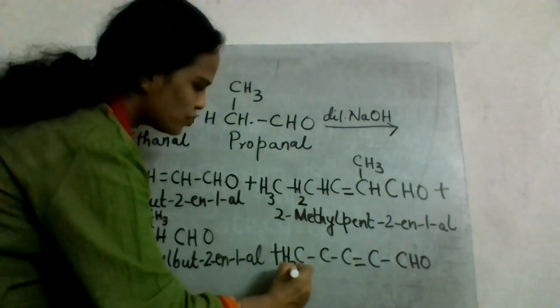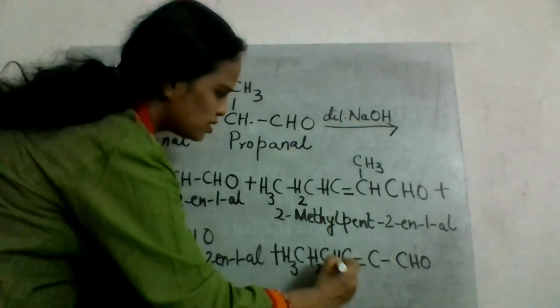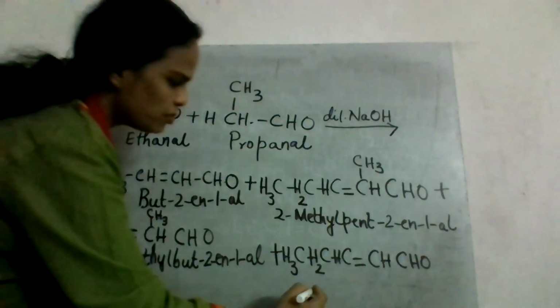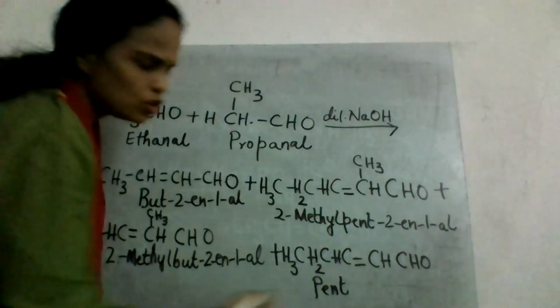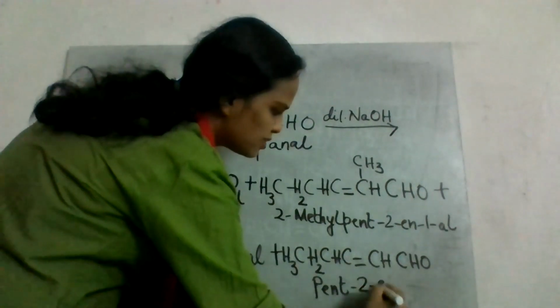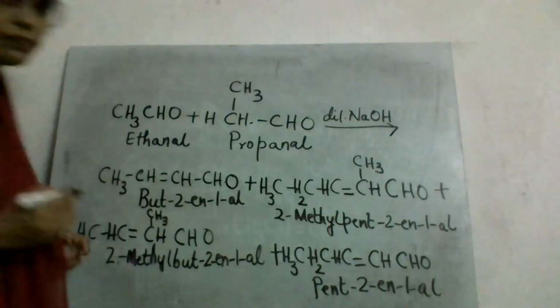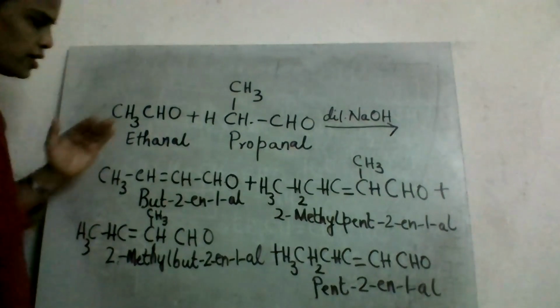This is the compound that is formed, with CH2, CH and CH. And the name of this compound is pent-2-ene-1-al. Hope it's clear. And these are the cross-aldol condensation products.